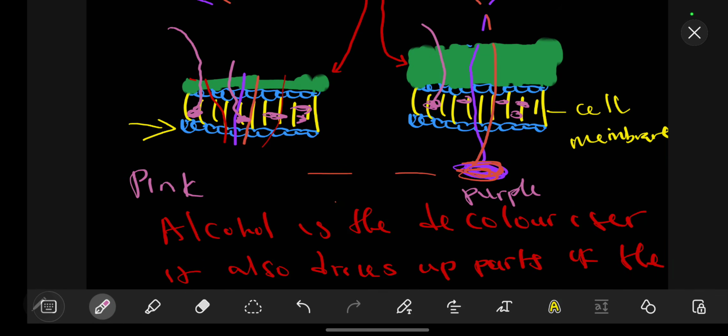The reason is simple. The crystal violet together with the complex is so dense that it overshadows the pink color. So the gram positive bacteria is seen to be purple, and this one is seen to be pink because this is the only stain that is there after the removal of the complex.